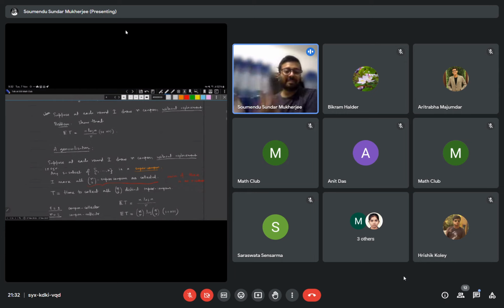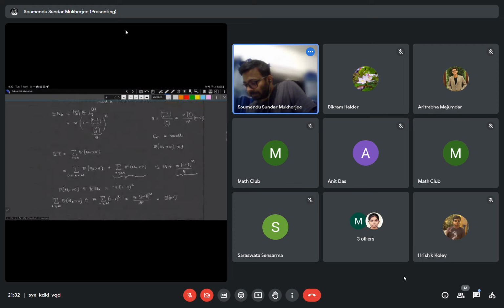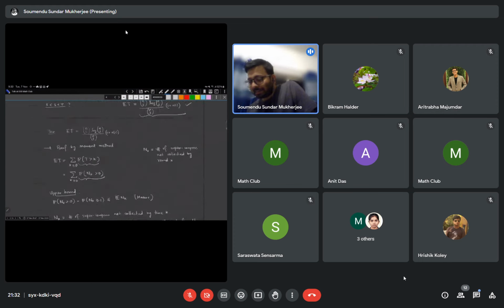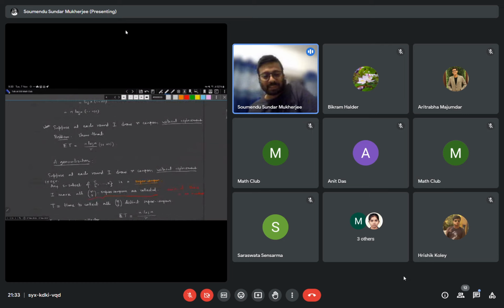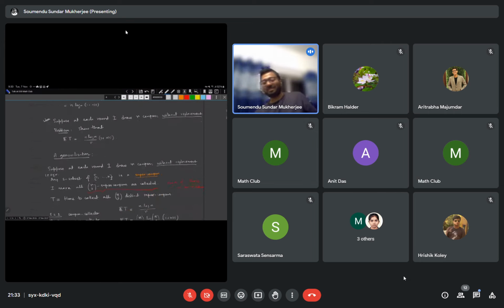They come in a structured way. And incidentally, this also gives a more roundabout way of proving that for the usual coupon collector problem, you get n log n over r, because this is a more general version.